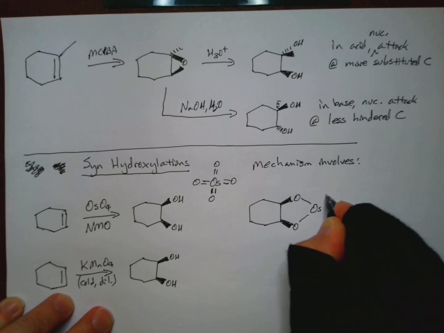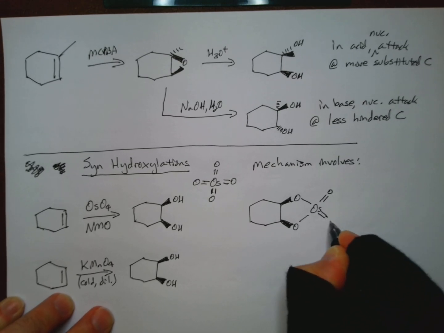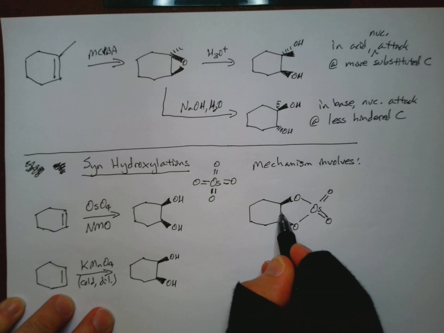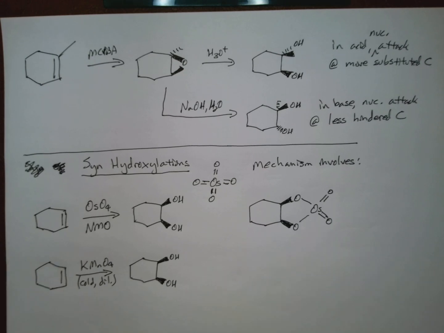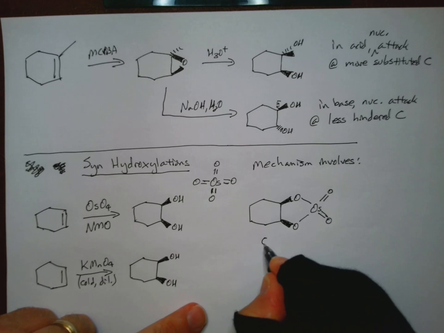So my OsO4, when it reacts, two of the oxygens will react with the double bond and they'll make this five-membered ring. And this is a species, I believe the text calls it a cyclic osmate intermediate.